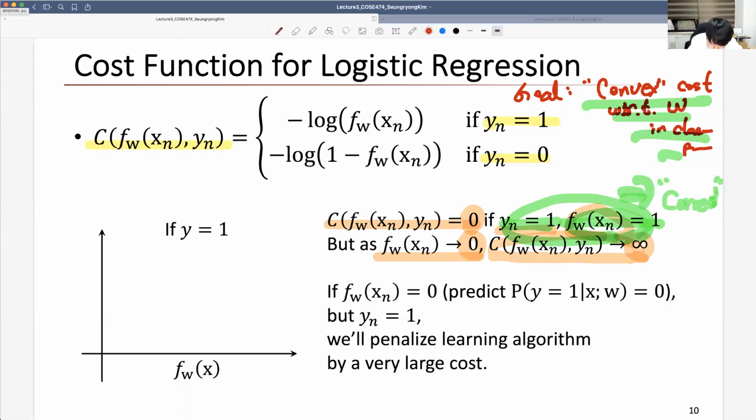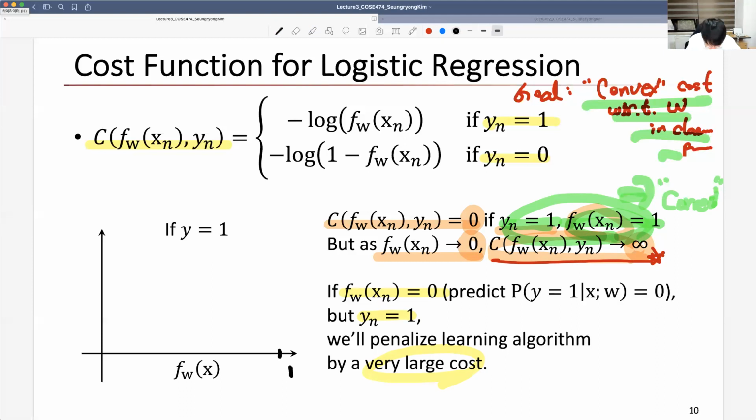If the output of the mapping function is 0 but yn is equal to 1, we have to penalize the learning algorithm with a very large cost. Then which cost function satisfies this desirable property? Here's the thing.